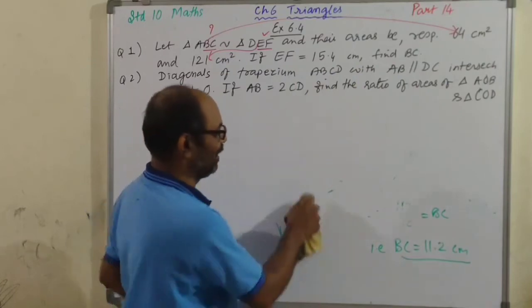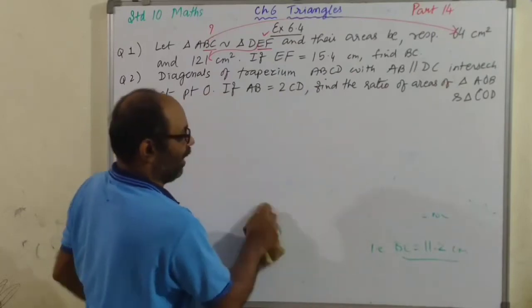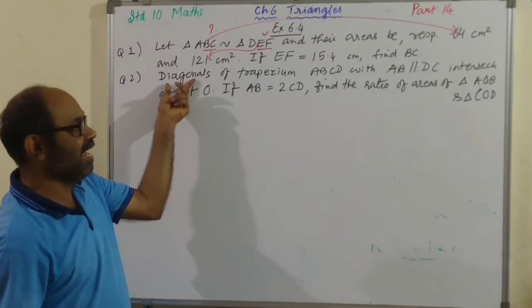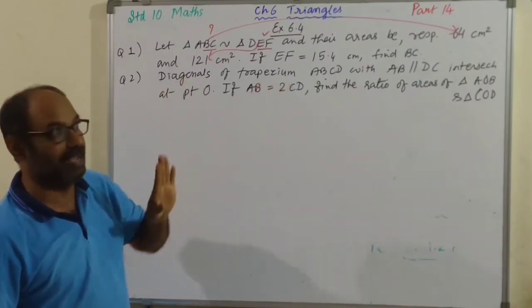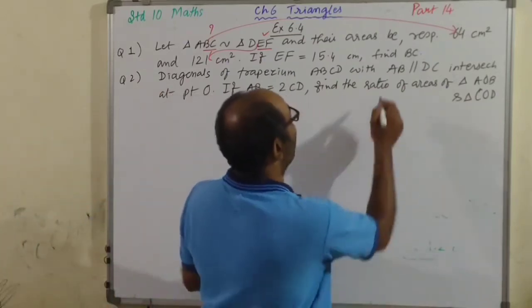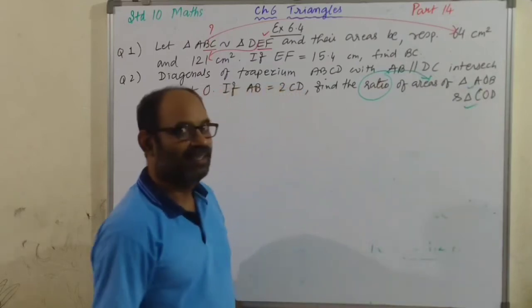AB and CD are opposite sides and they are parallel. Diagonals intersect at point O. AB is equal to 2 times CD. Then find the ratio of areas of these two triangles.